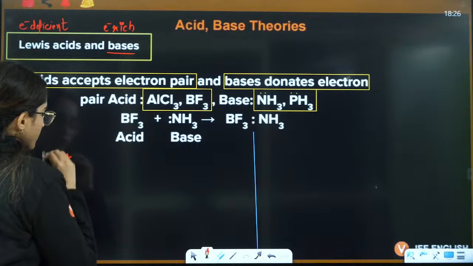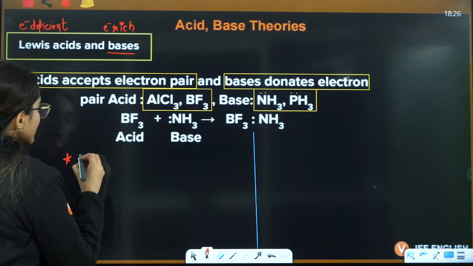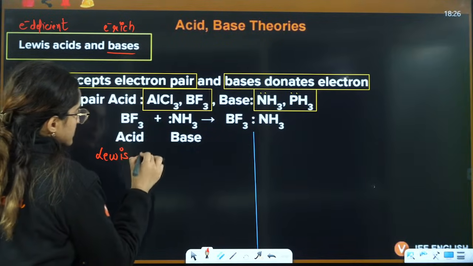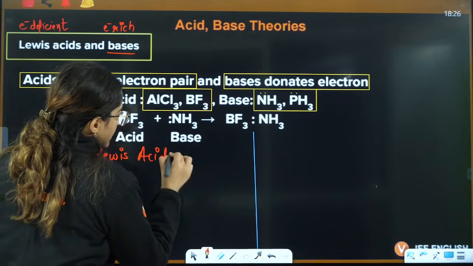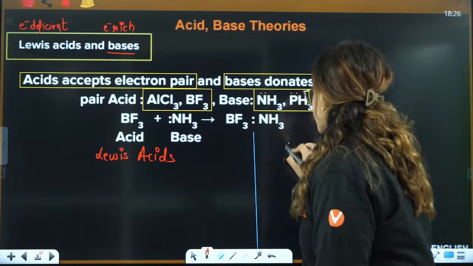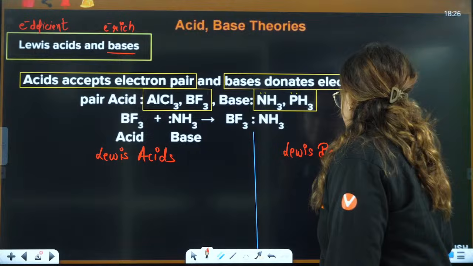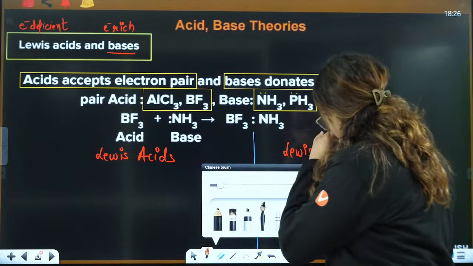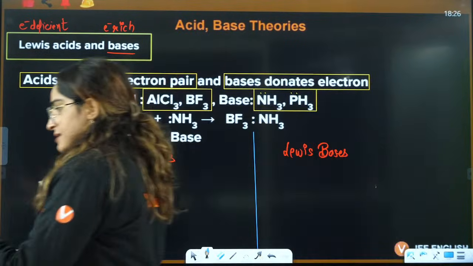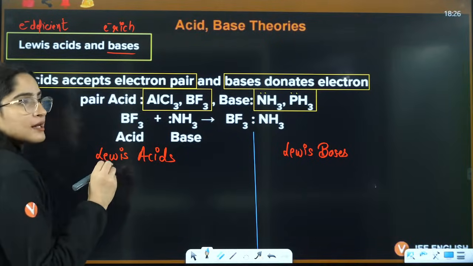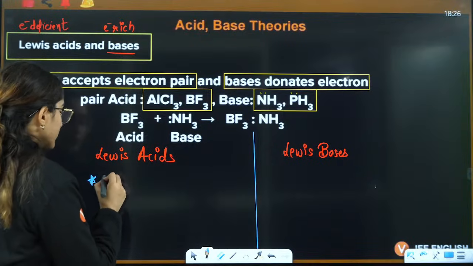Yes, you can also write it like this: Lewis acids, and here I'll write Lewis bases. Now, if you talk about Lewis acids, what are these Lewis acids? Lewis acids are actually electron deficient.